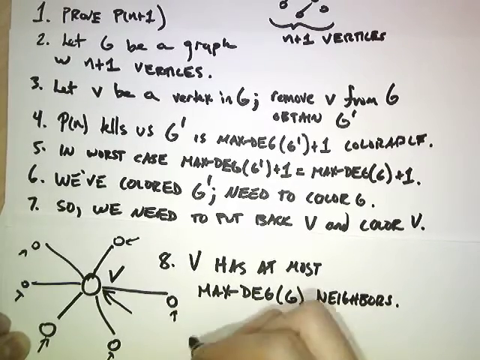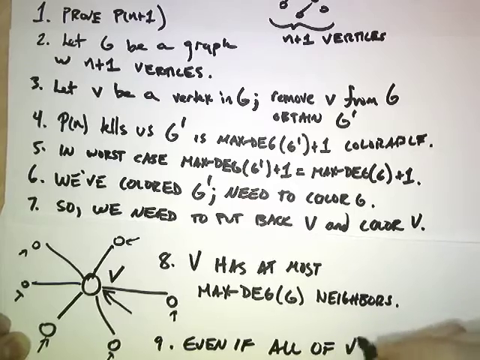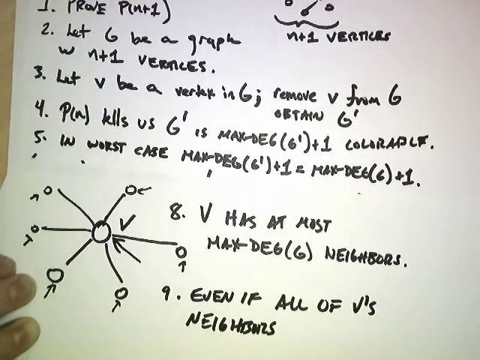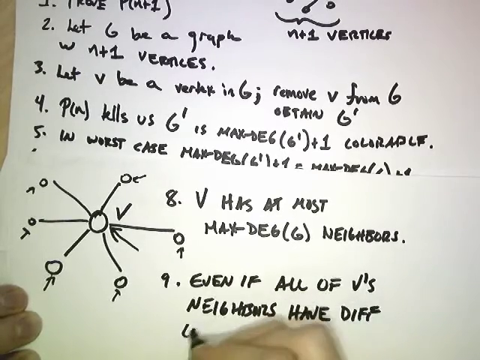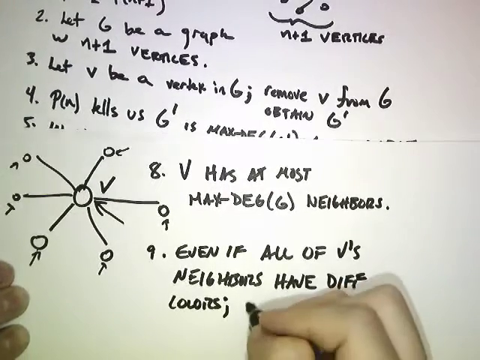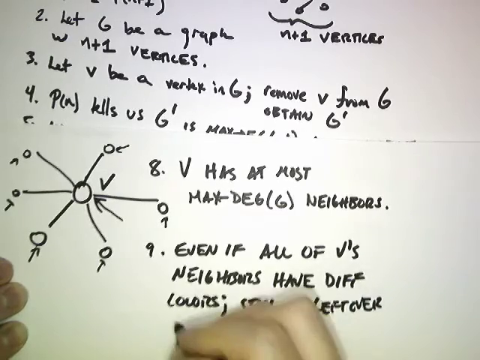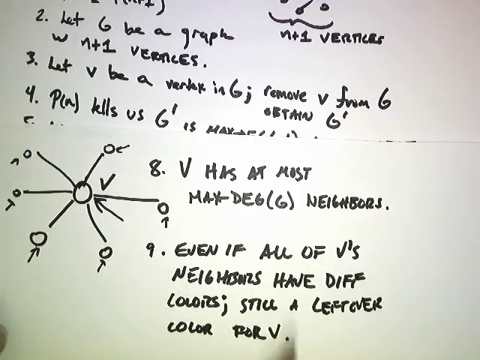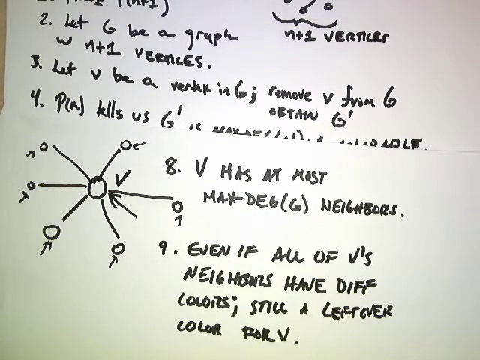So I guess step 9 is, even if all of V's neighbors have different colors, there's still a leftover color for V. Okay, so again, we used induction to get a coloring for G prime that required max degree of G plus 1 colors.